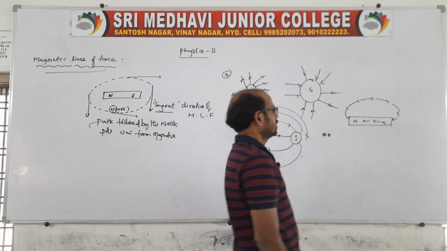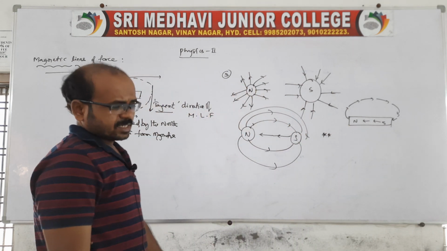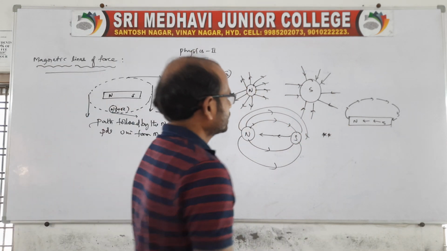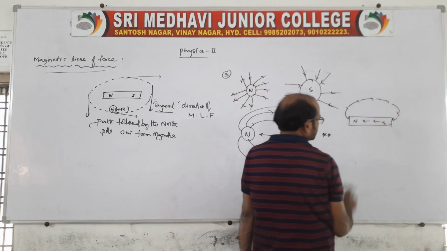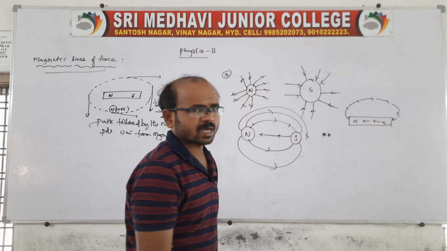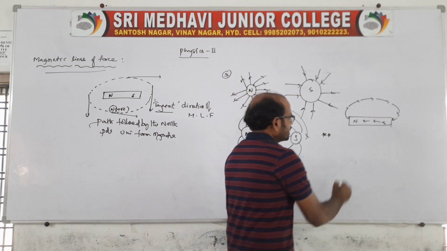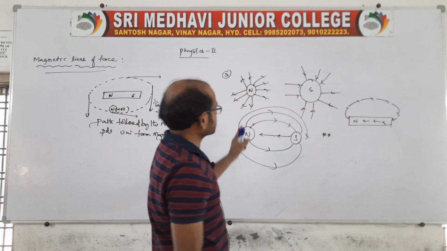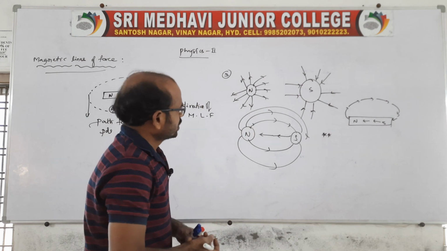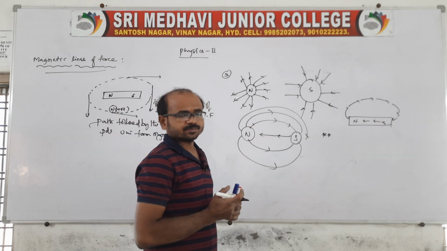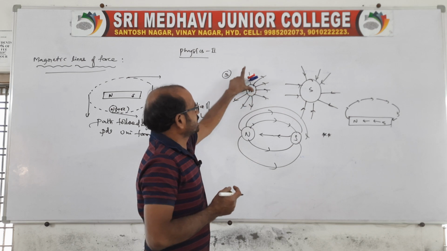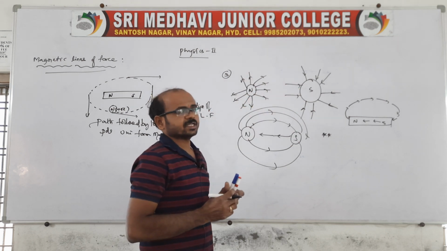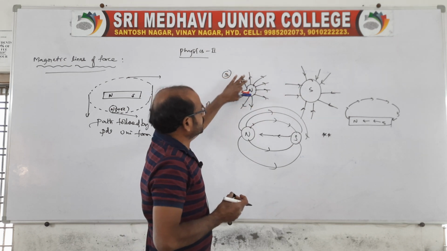The magnetic lines of force outside the magnet go from north to south, whereas inside the magnet the lines of force go from south to north. This point is very, very important. Remember, the magnetic lines of force are closed curves, radially outward from the north pole and radially inward at the south pole, and these lines are perpendicular to the poles.